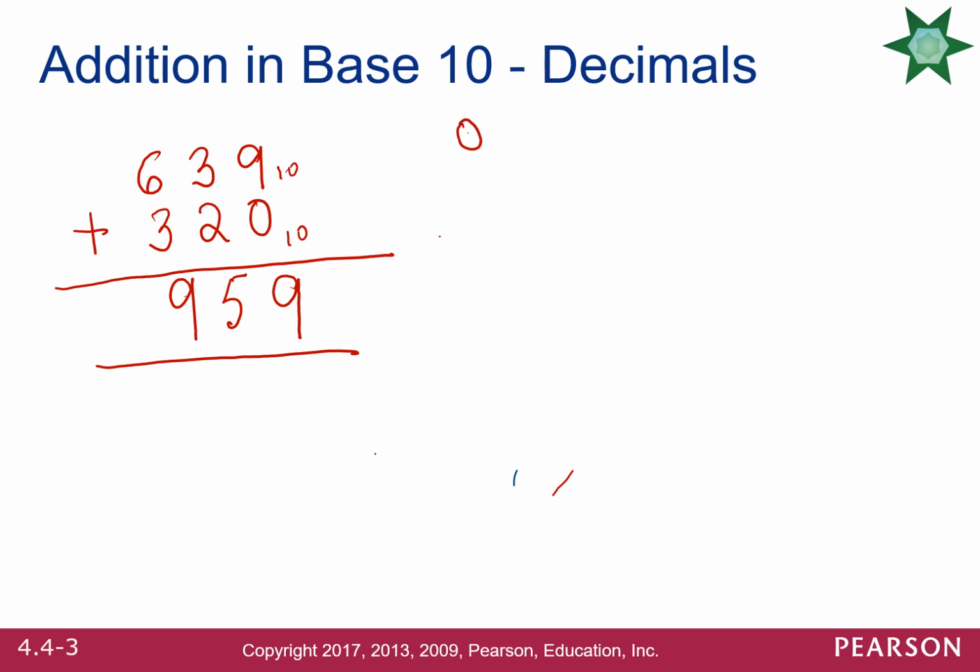We start from 0, 1, 2, 3, 4, 5, 6, 7, 8, and 9. All right, so these are the numerals. Remember, the highest numeral has to be one less than whatever the base is. So if the base is 10, the highest we can go is 9. So as long as the sum of two digits doesn't go over 9, there's no carryover involved, right?